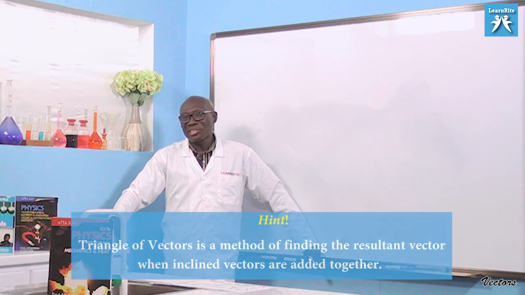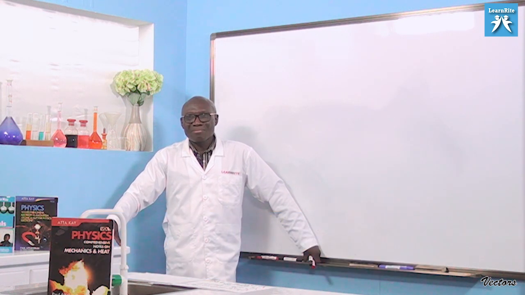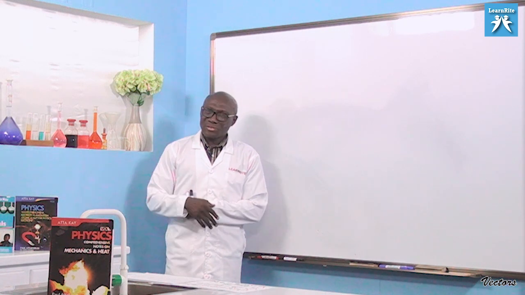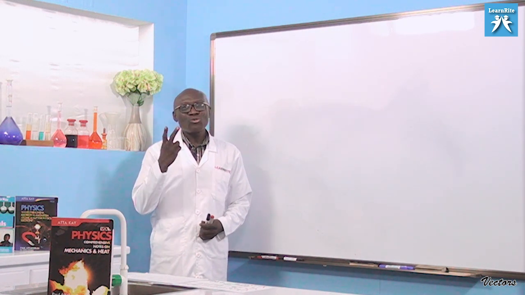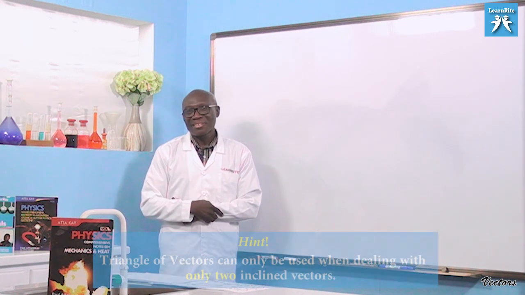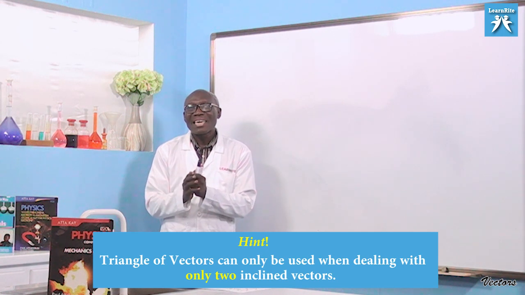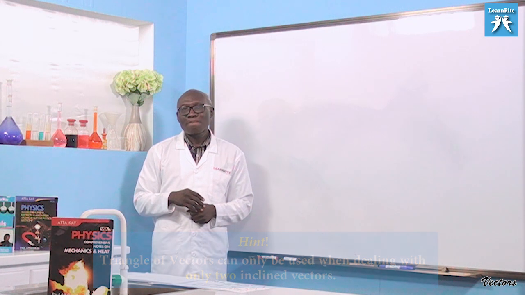And I also made a point that triangle of vectors can only be used when you are dealing with only 2 inclined vectors. And these 2 inclined vectors are supposed to be added together to find the resultant vector.